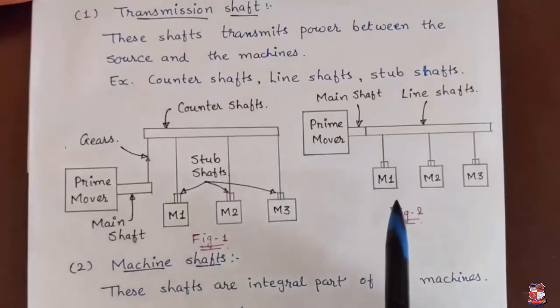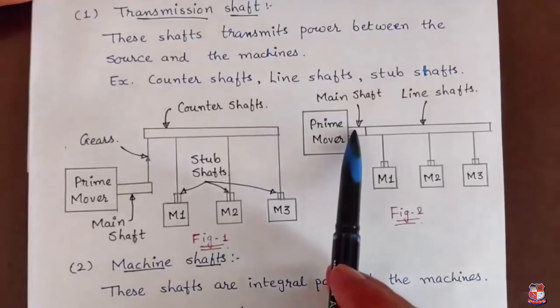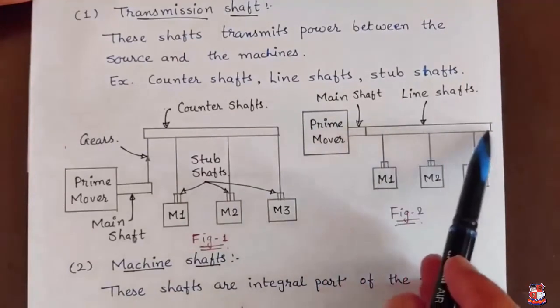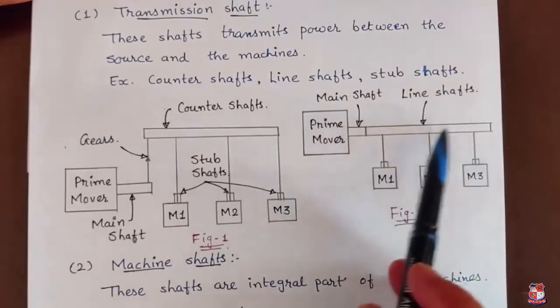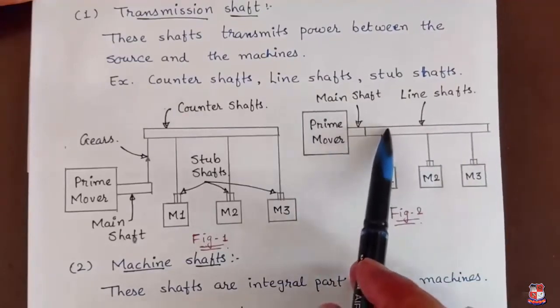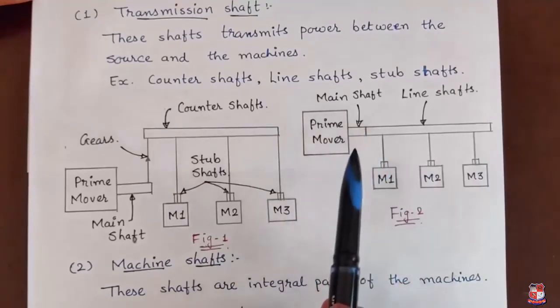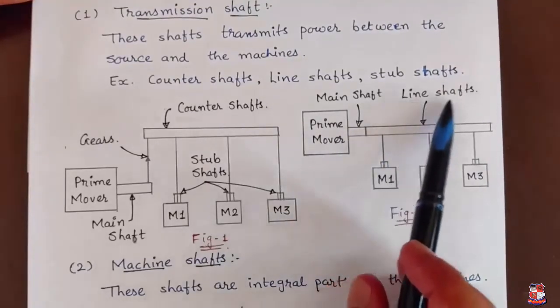Now on the other hand, in the second figure we can see that the main shaft of the prime mover is directly connected with this long shaft. So we can say that this main shaft and this shaft will have the same direction of rotation, and this is known as line shaft.